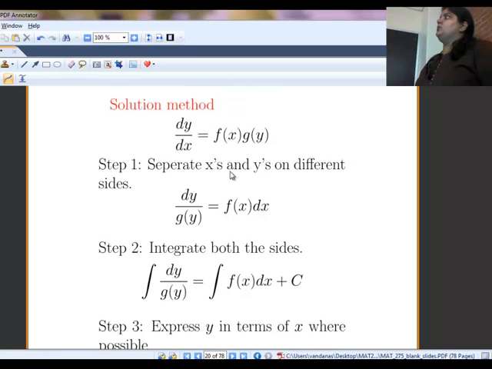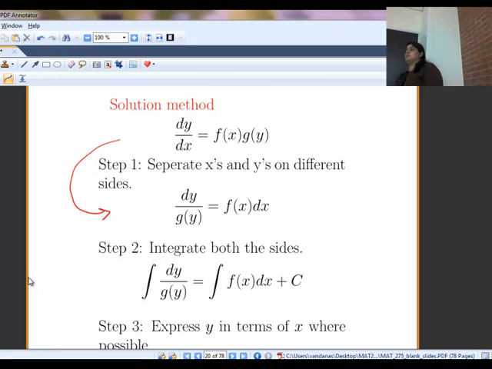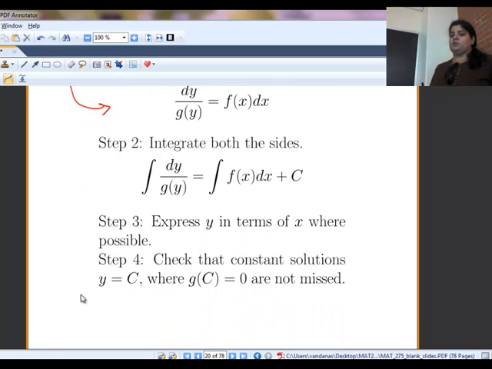Now, is this possible to do? Is it possible to go from here to here? When? That's exactly right. If g(y) is 0, we are missing out solutions here. When I divided by g(y), I already assumed g(y) to be non-zero, so I eliminated all those values of y for which g(y) is 0. We will take care of those solutions because they are also solutions, called singular solutions.